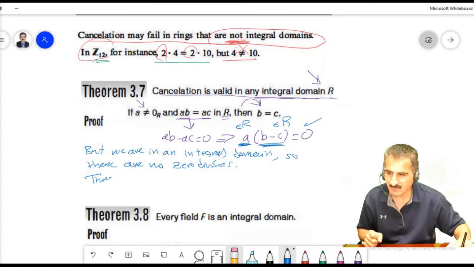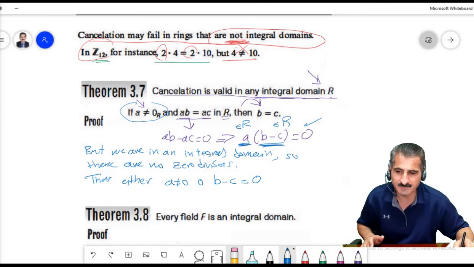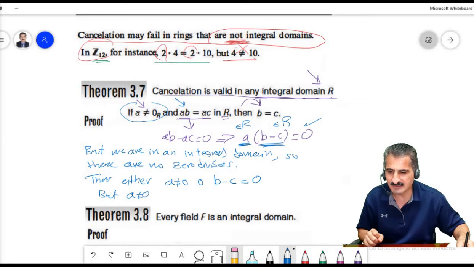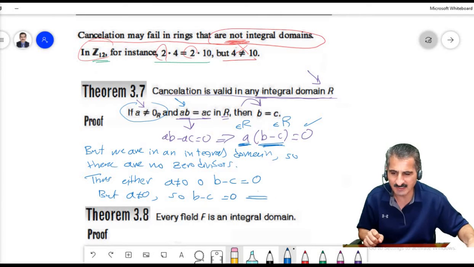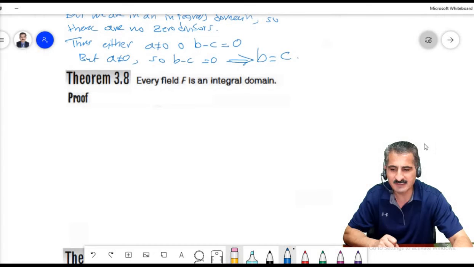Thus, we must have either A equals 0 or B minus C equals 0. But we chose A to be non-zero, for this cancellation to happen. Otherwise, it has no meaning. But A is not 0. So we must conclude that B minus C is 0, and that gives us what we wanted after the cancellation, B equals C. So we could do cancellation inside an integral domain.